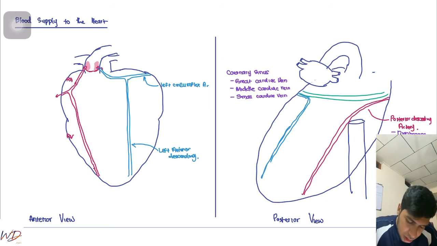Now, this is the structure. So we have the great cardiac vein here, coming like this. It is obviously going to be the biggest.